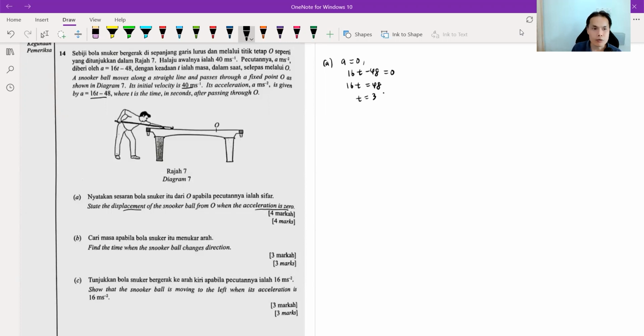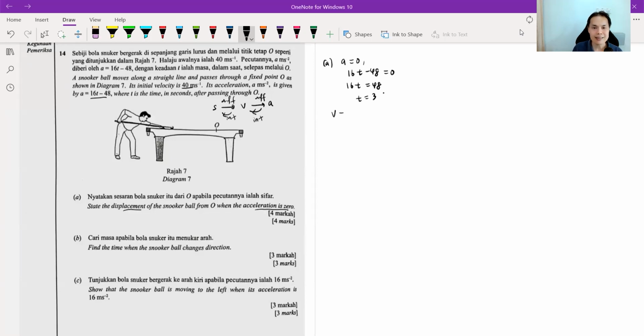Now, we need to find the displacement, but we don't have a displacement function. We don't even have a velocity function. Remember, if you differentiate displacement, you get velocity. If you differentiate velocity, you get acceleration. To find displacement from acceleration, you have to integrate one time to get v, and integrate a second time to get s, displacement.